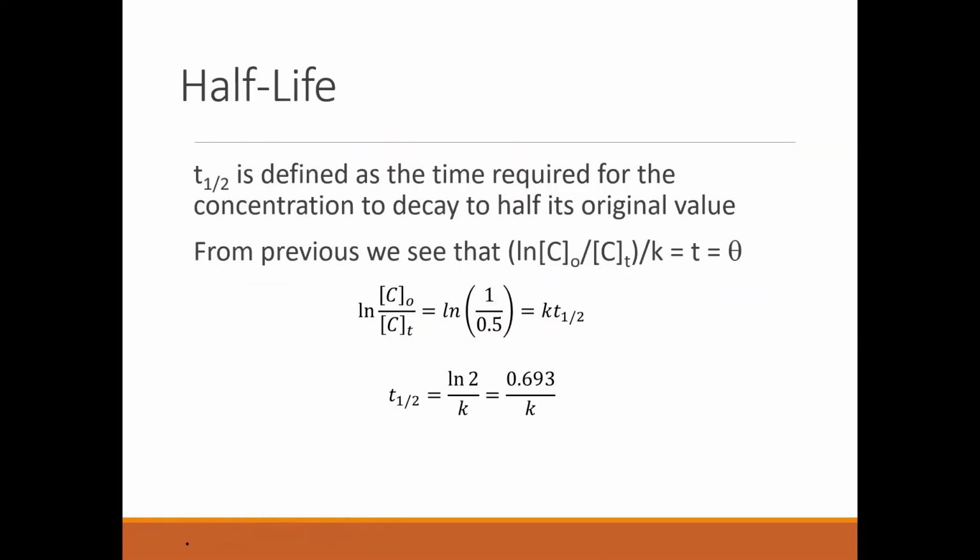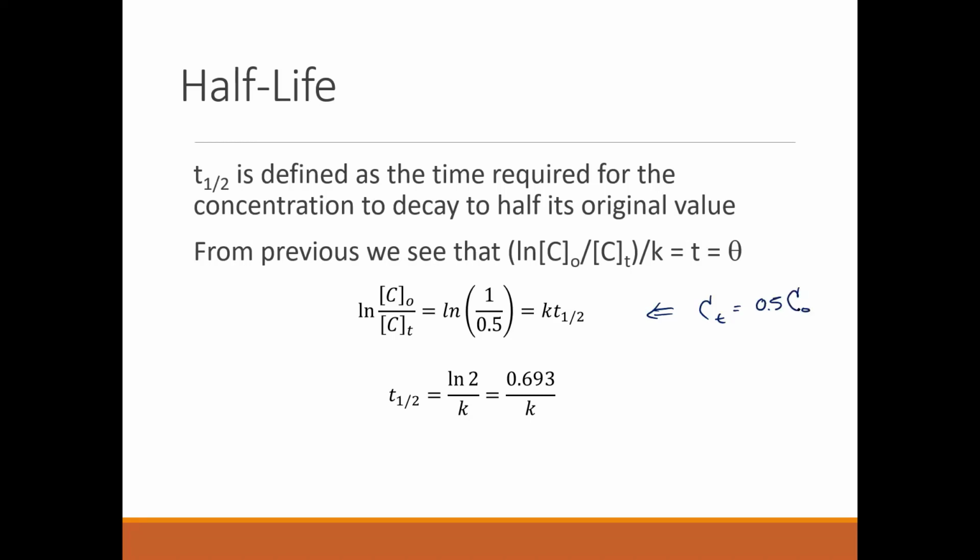You may also see problems where you're asked to calculate a half-life, or to use the half-life to calculate the concentration. The half-life is the time that is required to reach 1/2 the initial concentration. So it's written here that C_t is equal to 0.5 C naught.